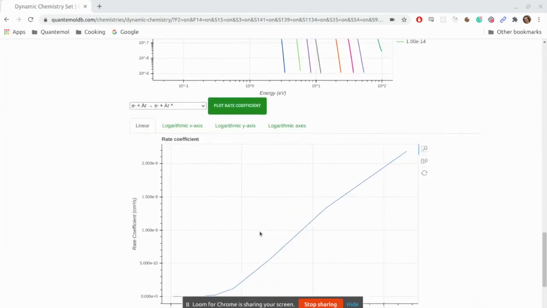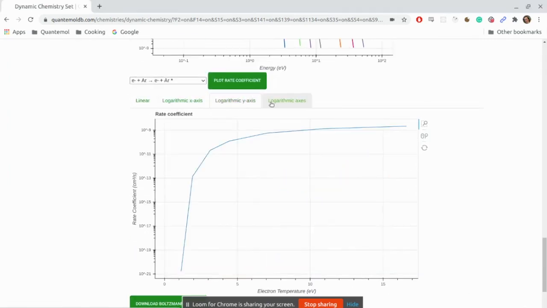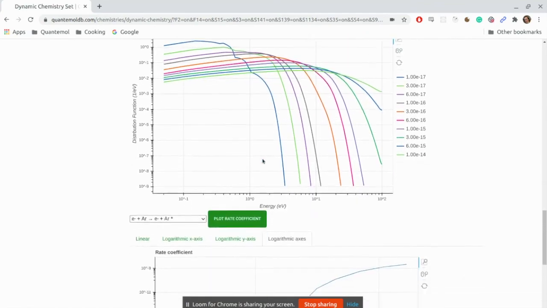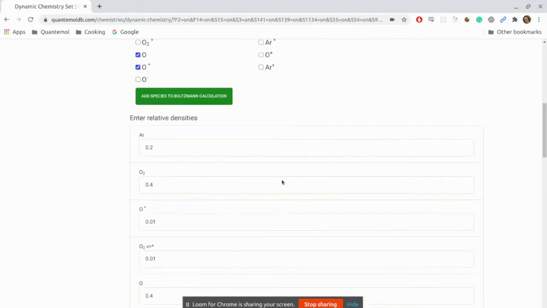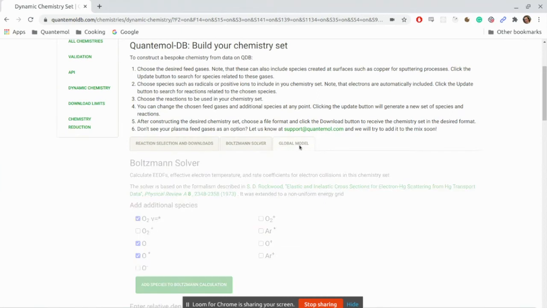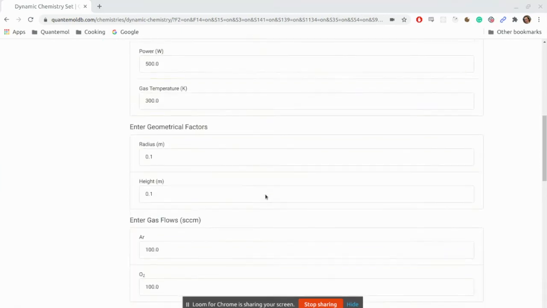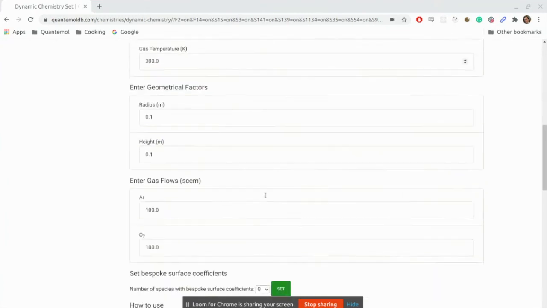Yeah, and here is our rate. Also, all of these graphs have logarithmic axis if you wanted to. Okay, so now we can use the same set, so you don't need to make any changes, then just go to this section called global model. And here, okay, so you can see that there are some macroscopic parameters you can change.